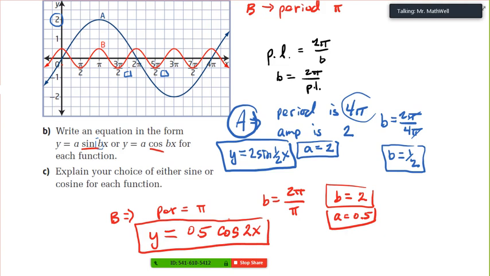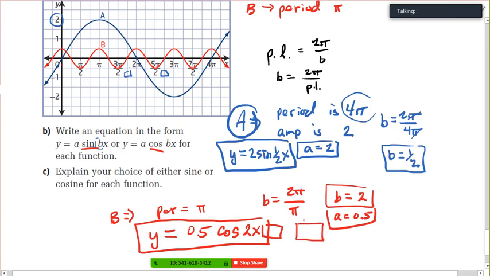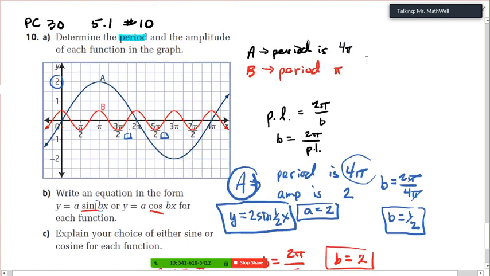And the red graph looks an awful lot like cos of x with no translation or sliding. So you can probably understand we don't have to include any kind of transformation on x, any sliding left or right, and no other vertical translation component. Okay, so that is number 10. Hopefully that helps.